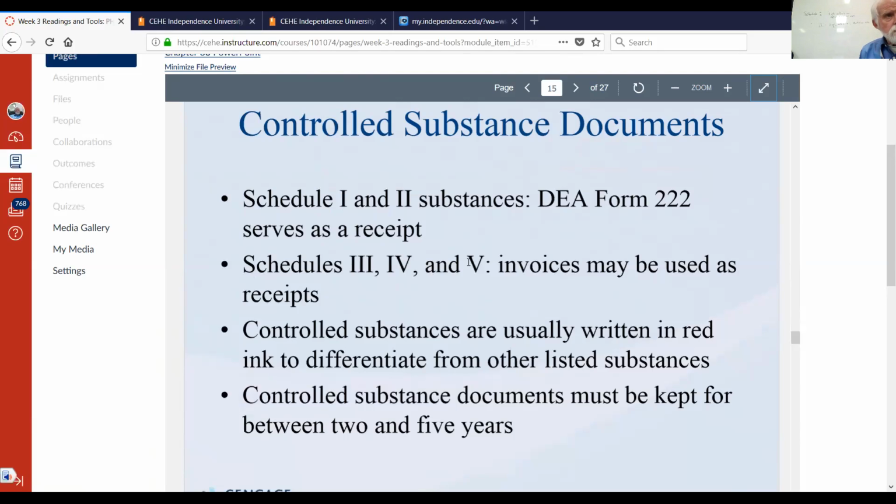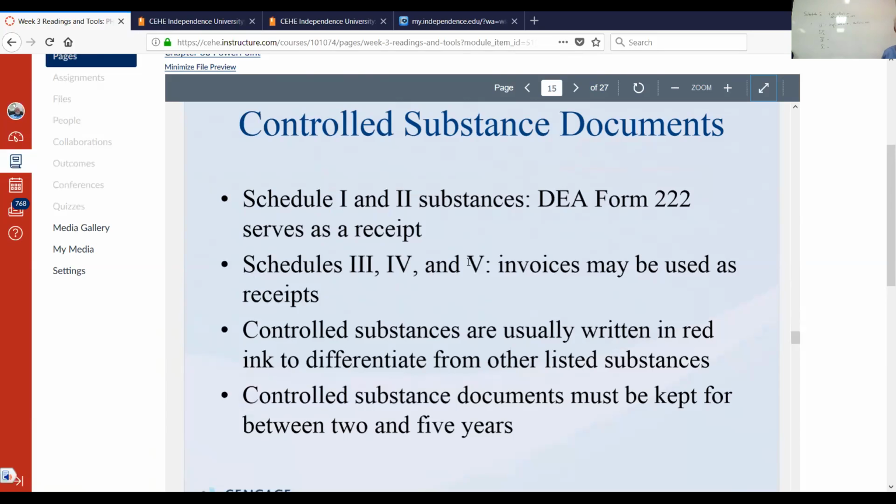Schedule 3 includes things like Tylenol with codeine and a few other drugs. Schedule 3, 4, and 5 are decreasingly addictive, all of which have medical uses.